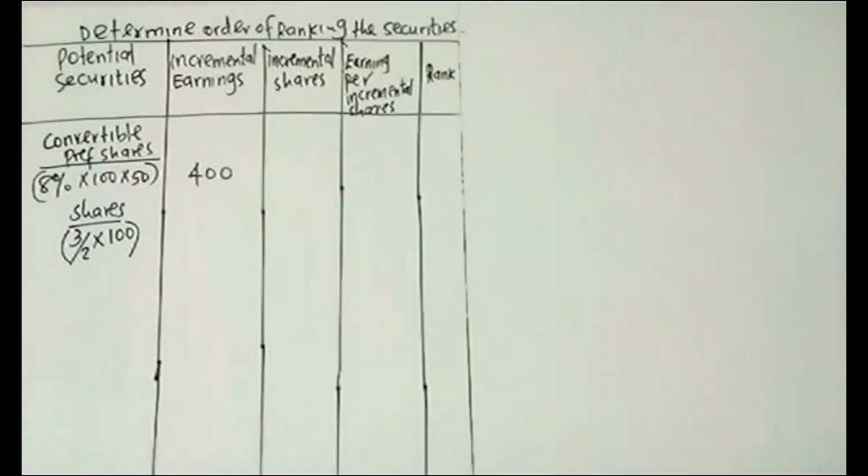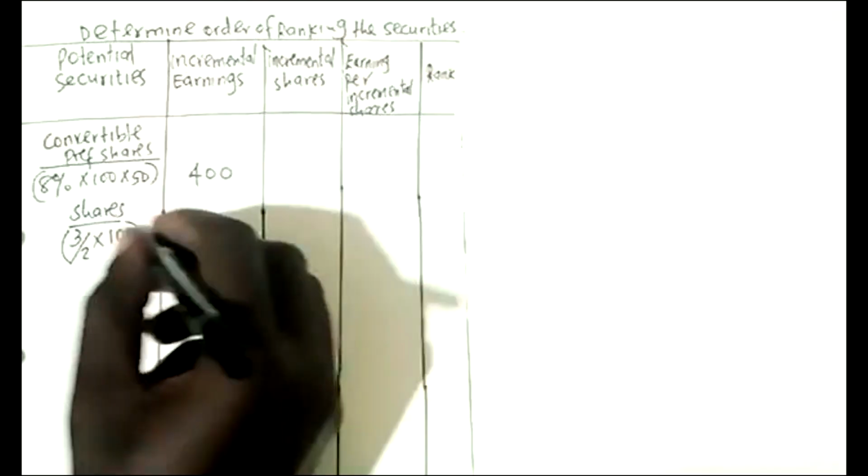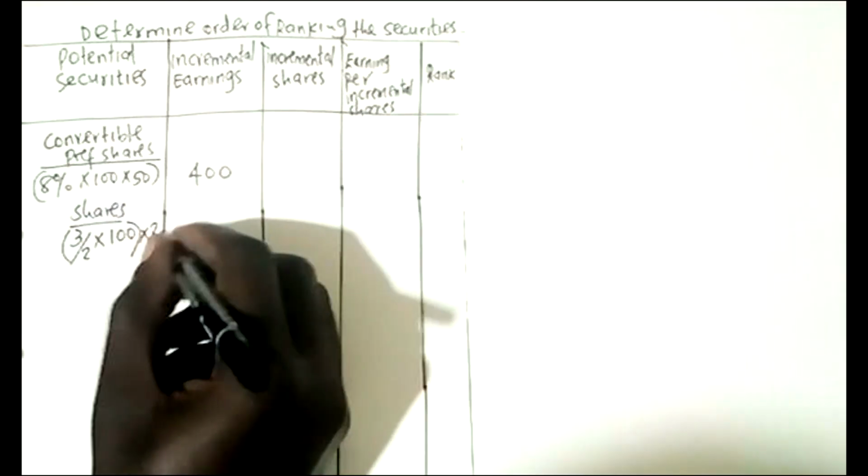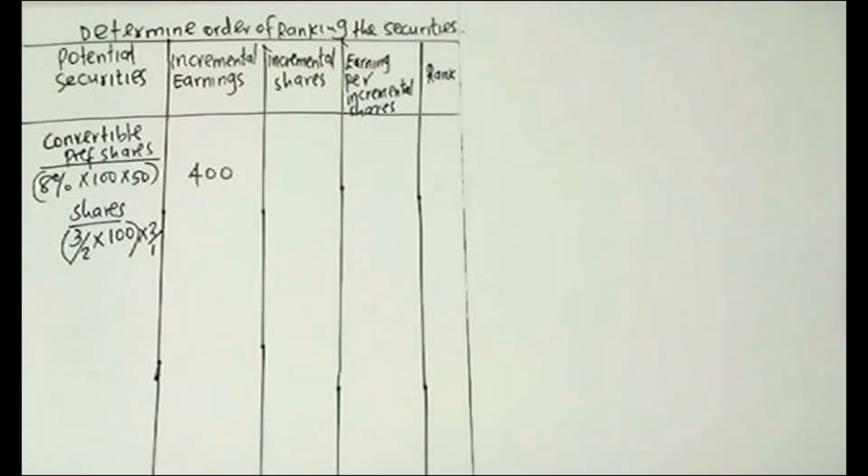Then you need to ask yourself, was this security before the split or after? This was from January, which is before the split. So you have to split by multiplying by 2 over 1. You need to make those shares cheaper because initially they were at the higher price.